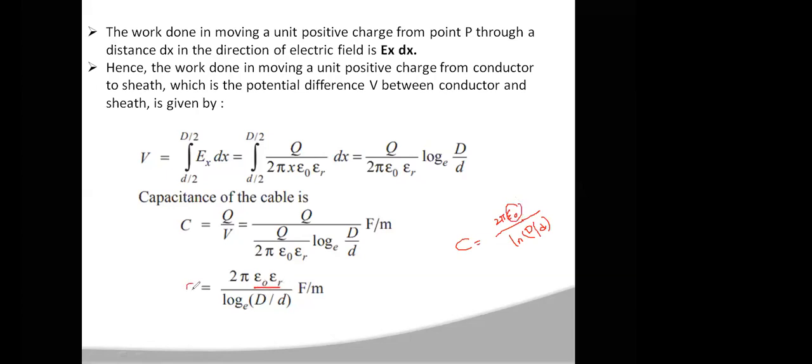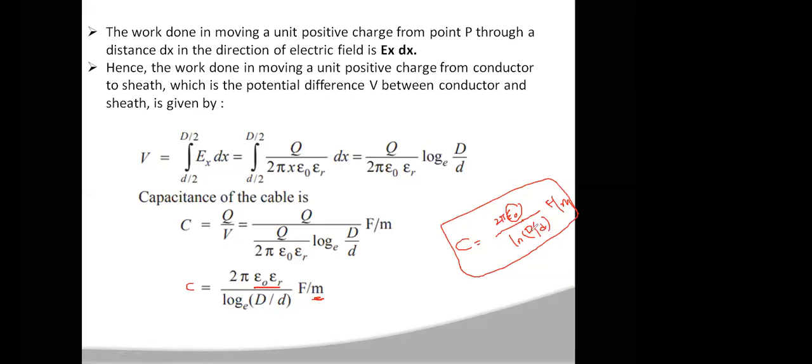Both are in farads per meter. In the first unit, the capacitance of a single phase or two wire line was C is equal to 2 pi epsilon naught by ln D by d.